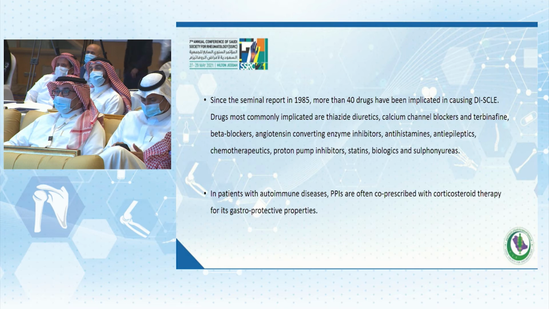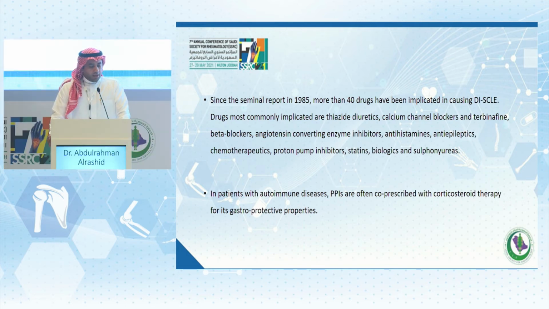Mainly thiazide diuretics, some antibiotics, antihypertensives, mainly calcium channel blockers, ACE inhibitors, and sulfonylureas. We know that PPI is a common medication prescribed commonly by rheumatologists, especially when the patient is on a higher dose of steroid.